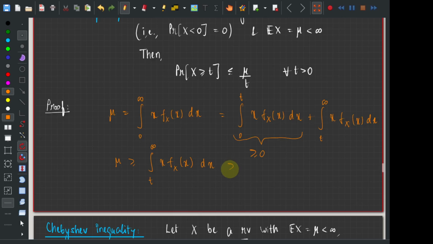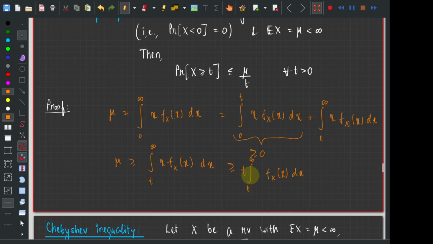So let me take a lower bound for this, which is greater than or equal to the integral from t to infinity of t times fx of x dx. We all agree? I can simply take t outside the integral.